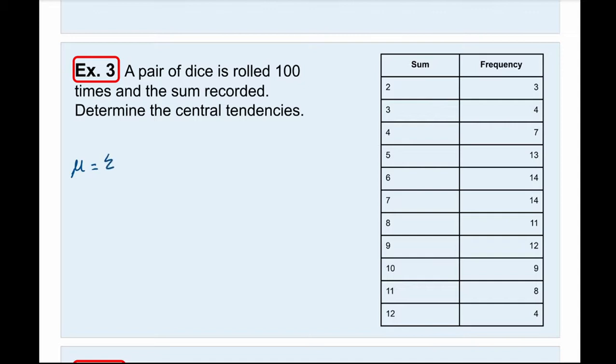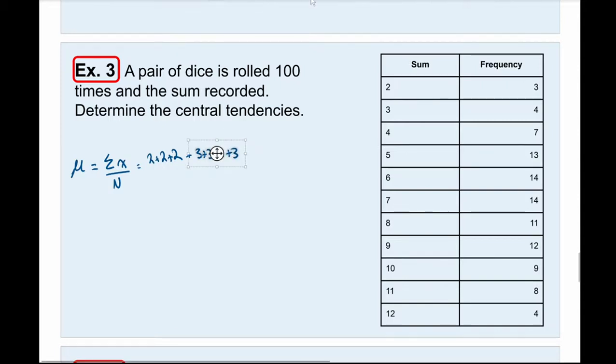So again, it's the sum of x divided by n. But because it's broken into a frequency chart, that means the value of 2 occurred 3 times. So this would be the same thing as saying 2 plus 2 plus 2. And then for 3, we have 3 plus 3 plus 3 plus 3, 4 times.